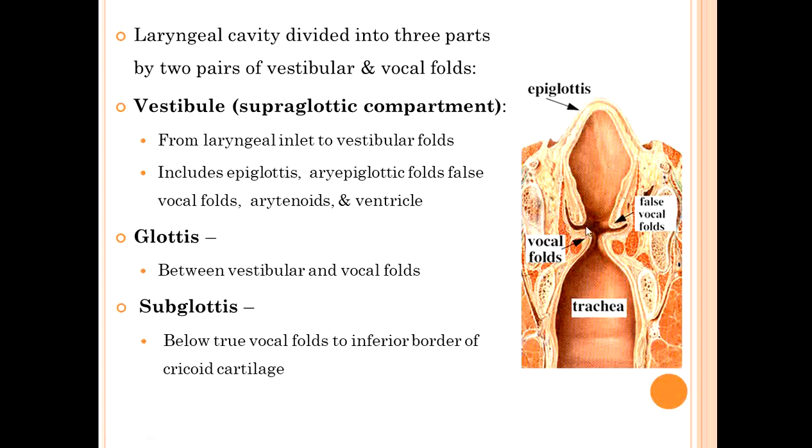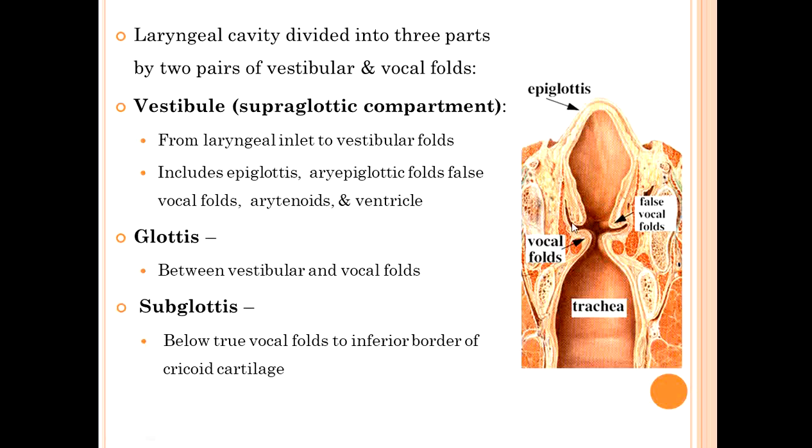This is the glottic compartment, and this one is the subglottic compartment. The vestibule or supraglottis is bounded by the quadrangular membrane, from the laryngeal inlet to the vestibular fold. Here is the vestibular fold. It includes the epiglottis, aryepiglottic folds, false vocal folds, arytenoid, and ventricle. So this one is the supraglottic compartment or vestibule.